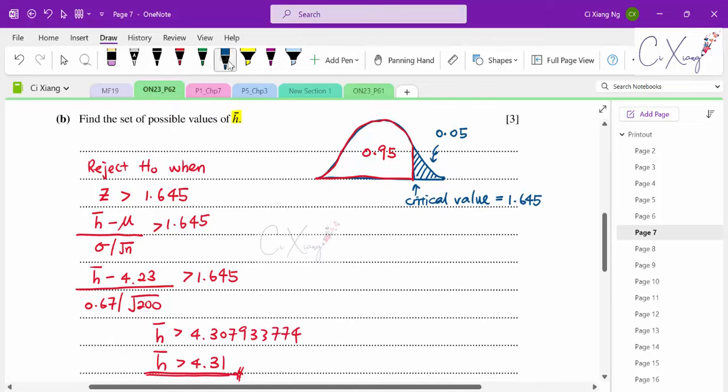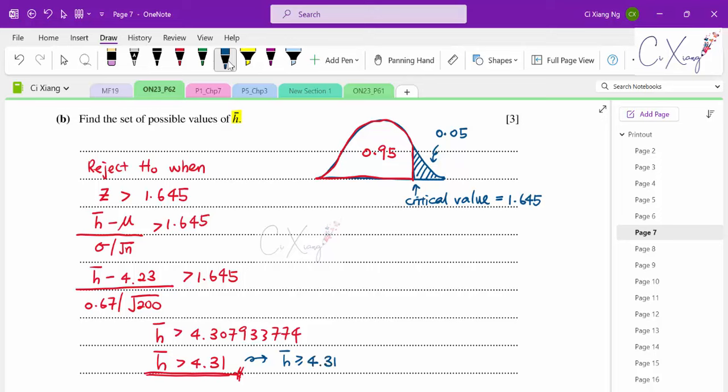Just to let you know, if you double check with the marking scheme, they also accept x bar greater than or equal to 4.31, because for this normally distributed question, as a continuous random variable, the equal sign makes no difference. So this is how we answer part B. You can try to link it with the diagram of the rejection region so that you know what you are going to find.